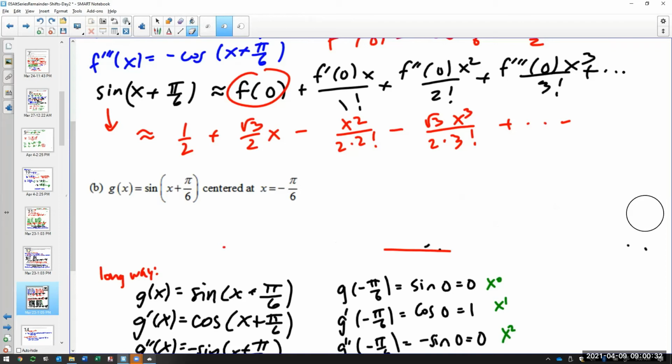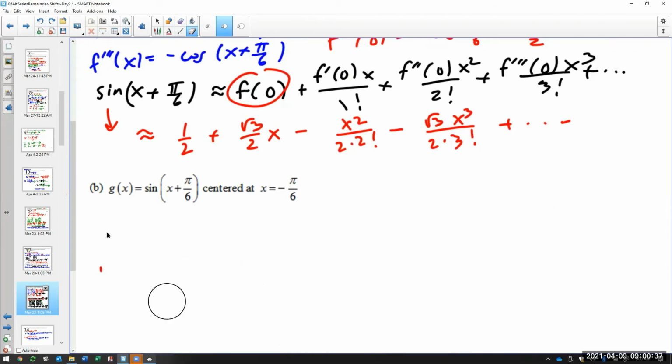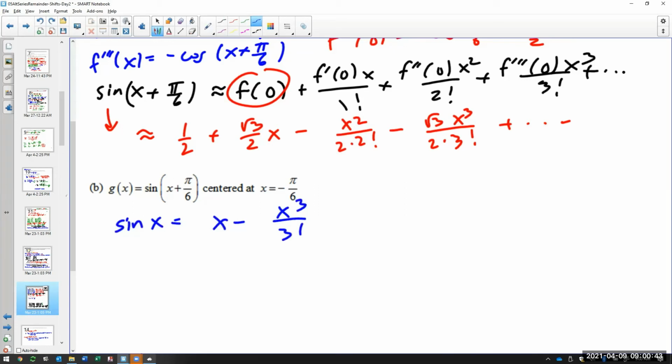what you do is you take sine of x, and everywhere there's an x, you're allowed to plug in x plus pi over 6.